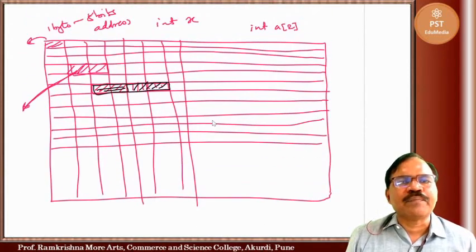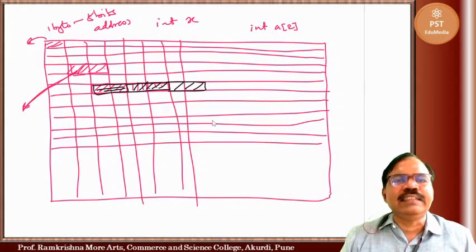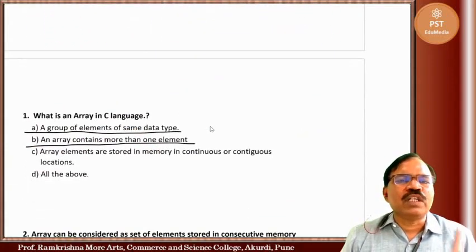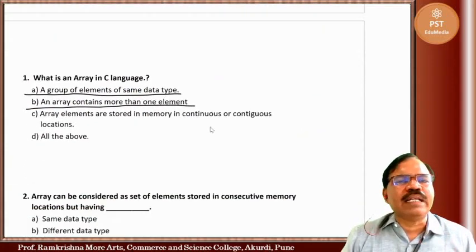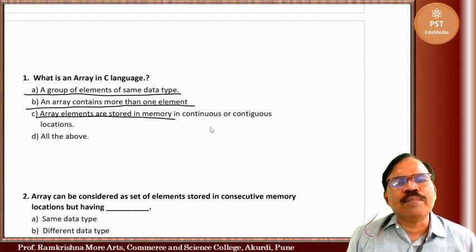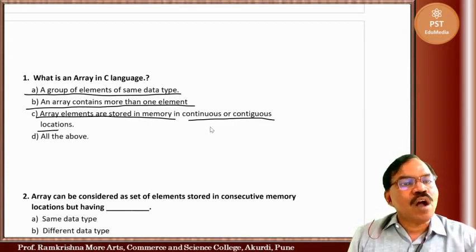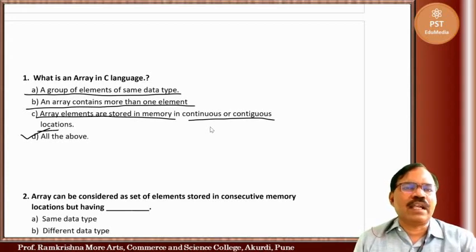Means we have seen here, if we have 3 elements, continuously 6 locations are taken if it is integer array, because for each integer 2 byte memory is required. So all are correct here.